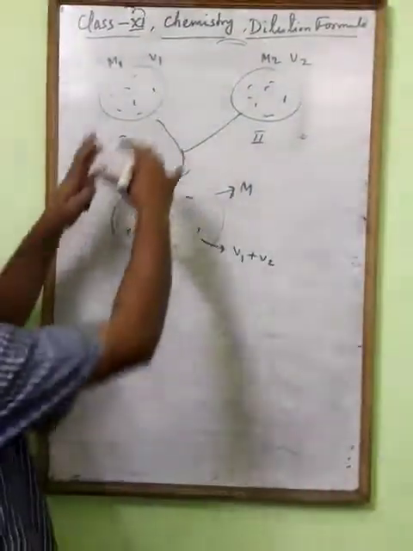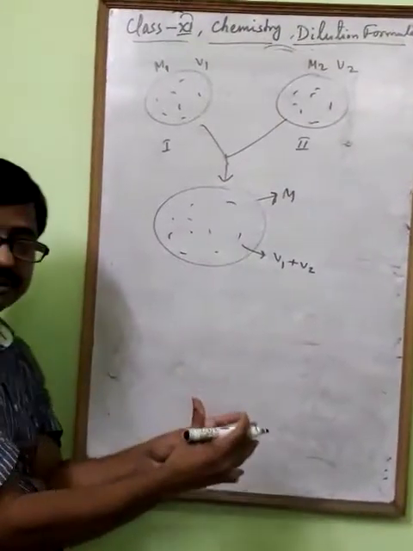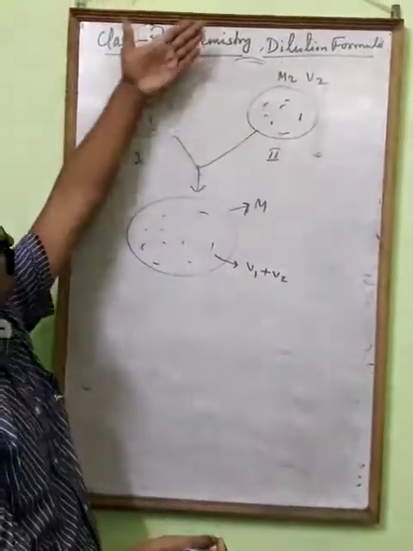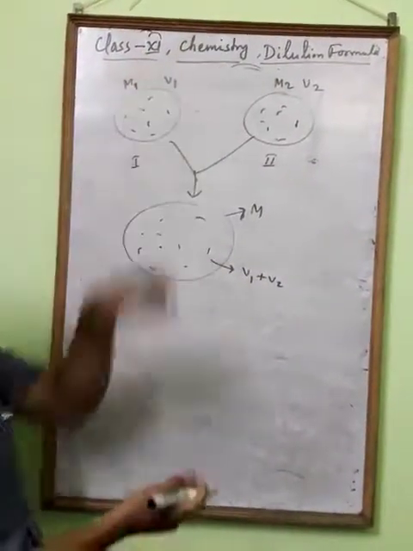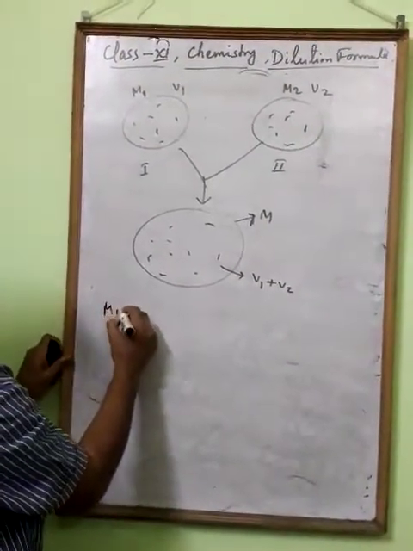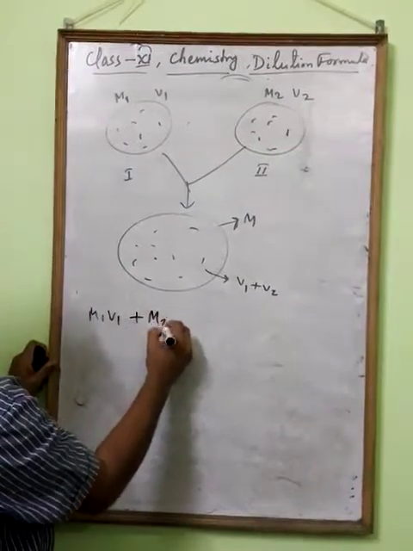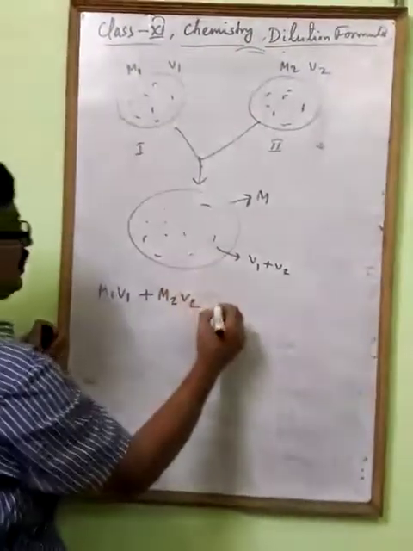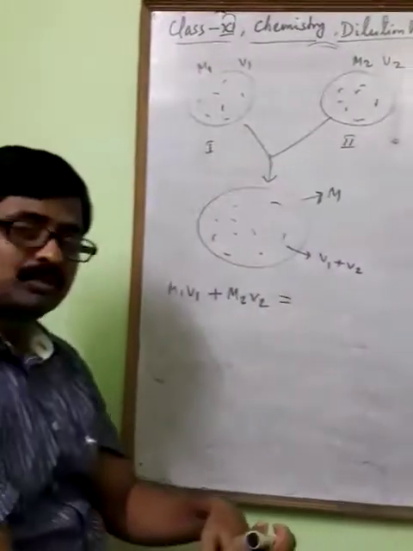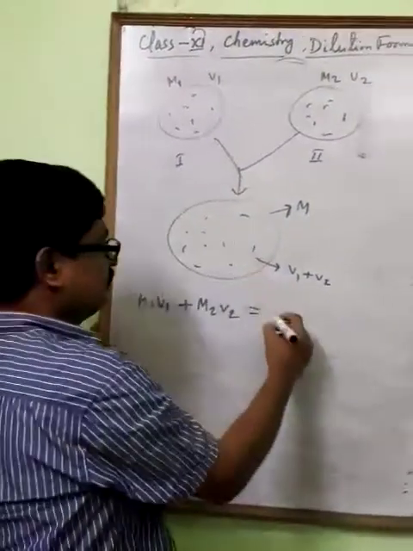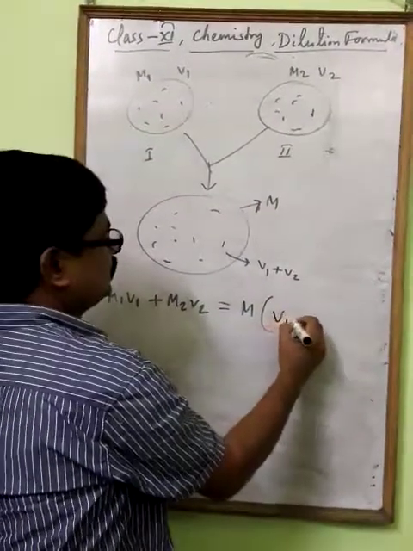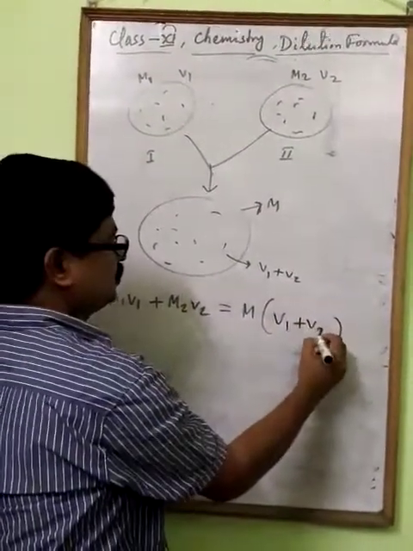Now what will be the equation? Before addition, the total number of moles is M1 V1 plus M2 V2. After addition, the number of moles will be the same: the new strength M and the total volume V1 plus V2.